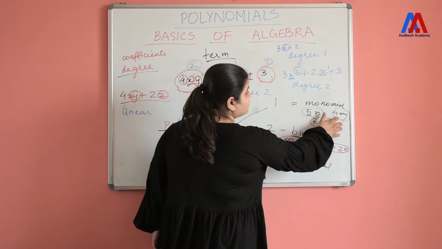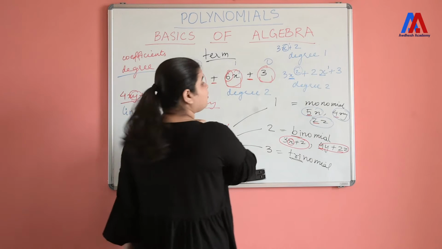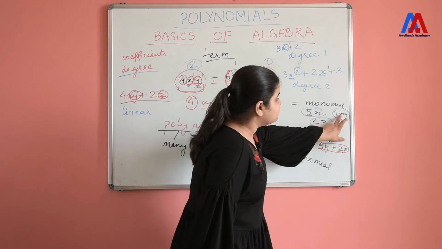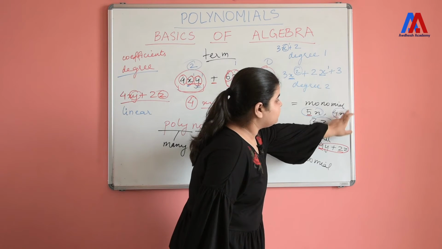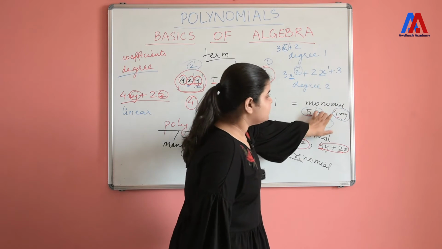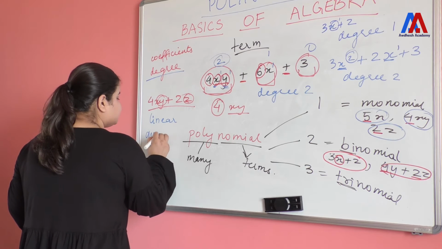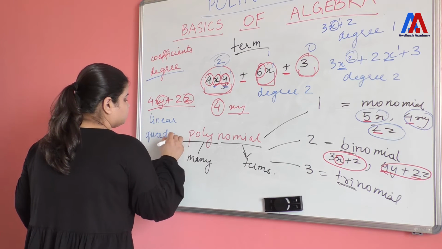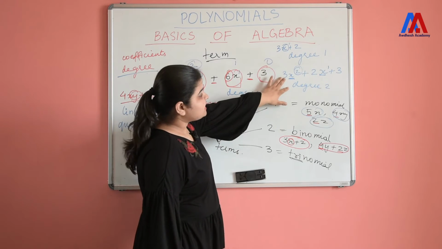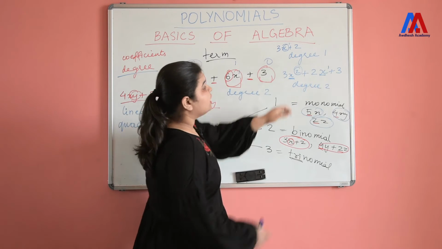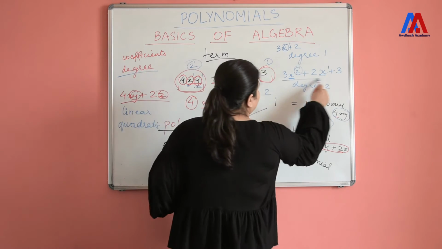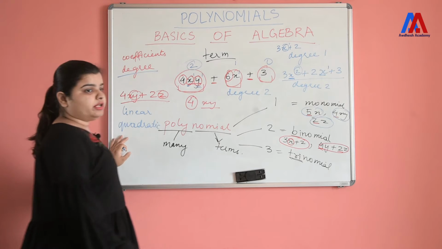Remember, 4xy is not a linear polynomial because we have two terms x and y, each have power 1, and so this is a quadratic polynomial, which is the next criteria. Again, this had a degree 2, so this polynomial will also be a quadratic polynomial.